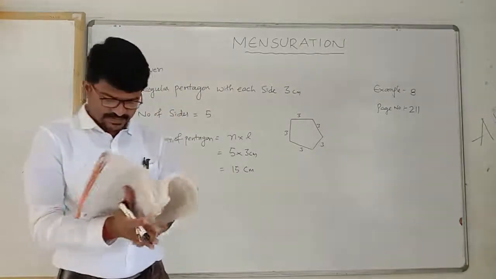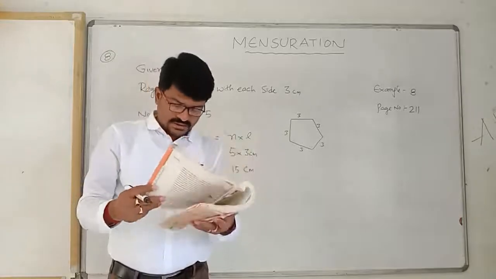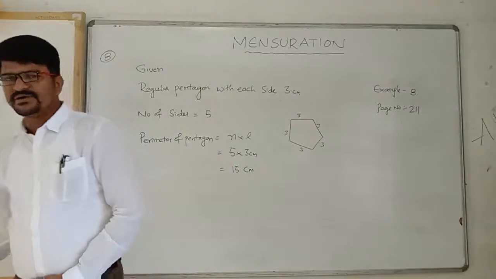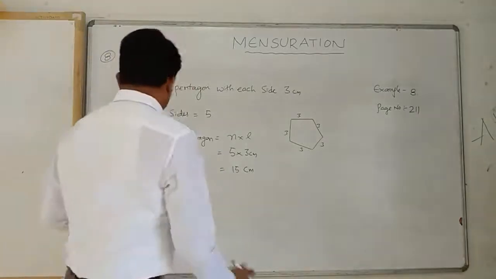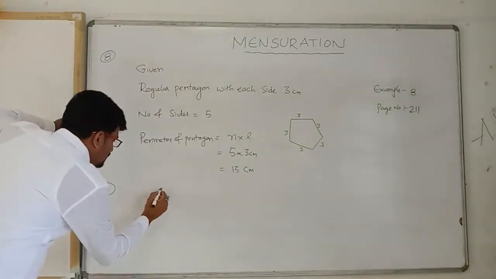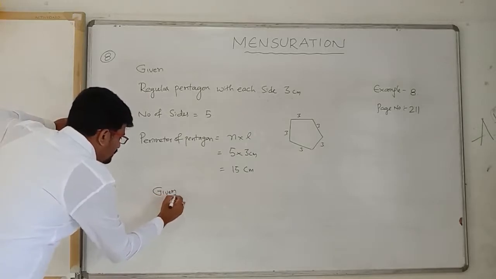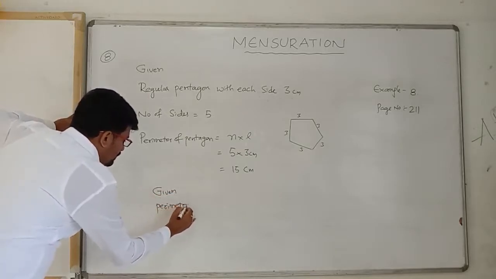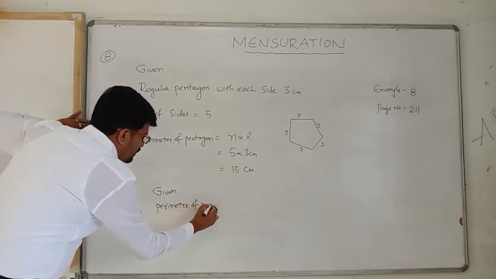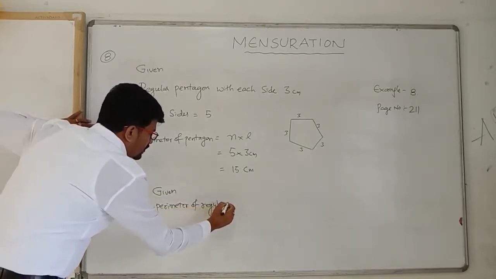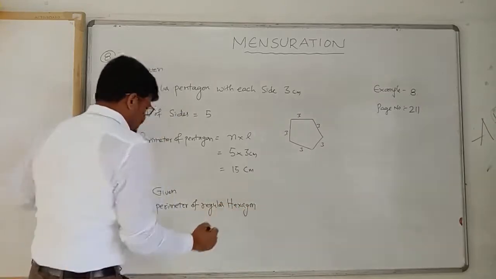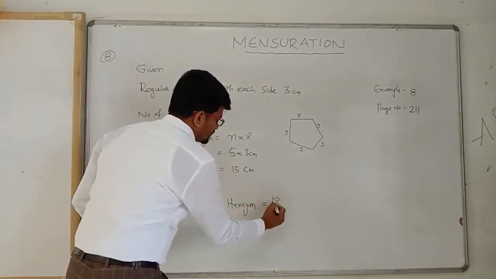Look here. The perimeter of a regular hexagon is 18 centimeters is given. What is given? 9th question here. Given perimeter of regular hexagon is 18 centimeters.